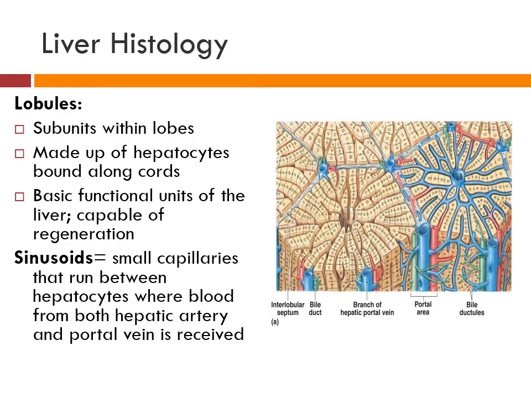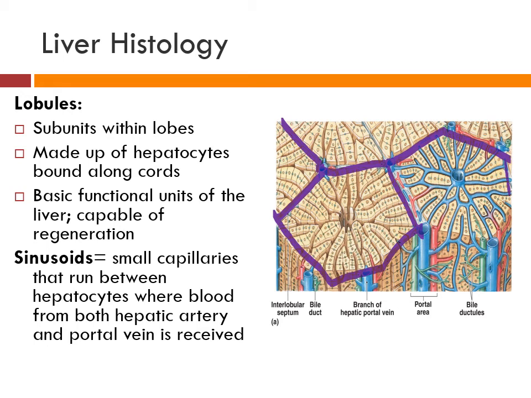The liver is divided into lobules by interlobular septa. So here's the interlobular septa that are separating these lobes. And then within the lobes, the hepatocytes are stacked up in plates, and those plates look like the spokes of a wagon wheel.